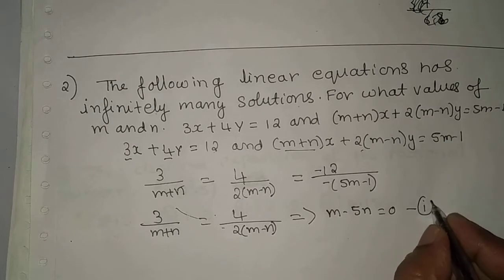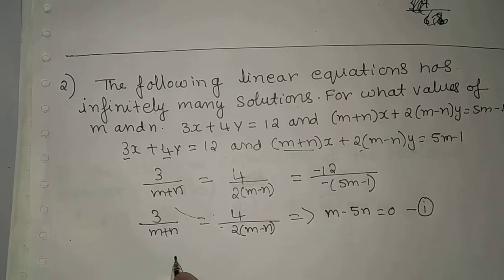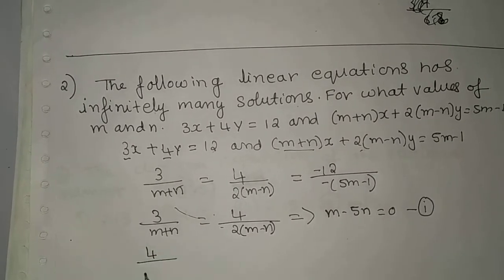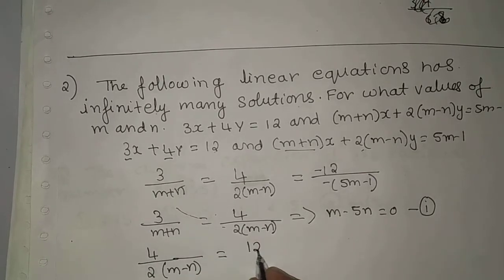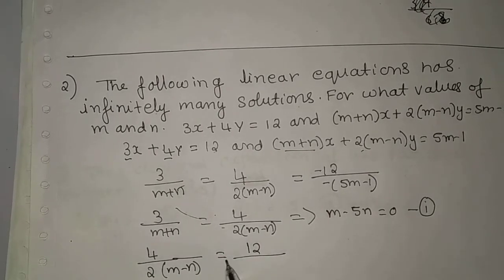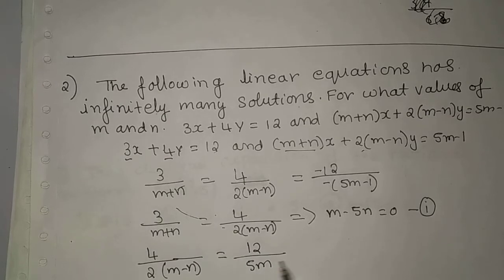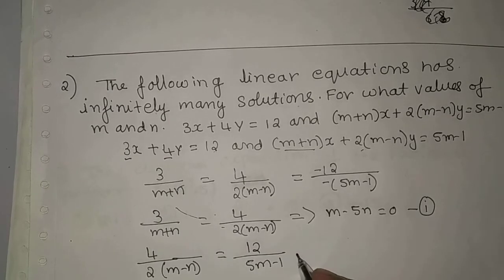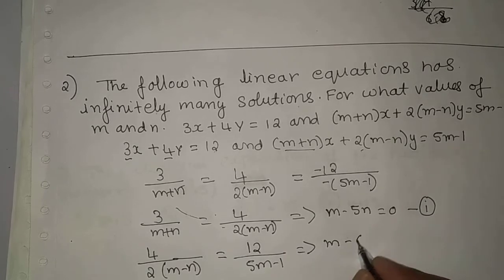Take this as equation 1. So now we'll take 4 by 2(2m minus n) is equal to 12 by 5m minus 1, which is equal to m minus 6n.